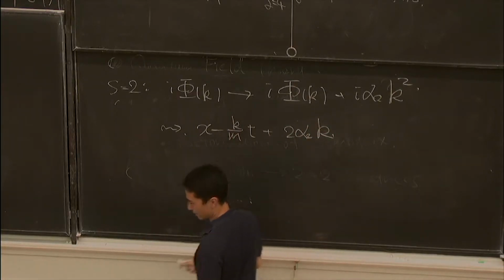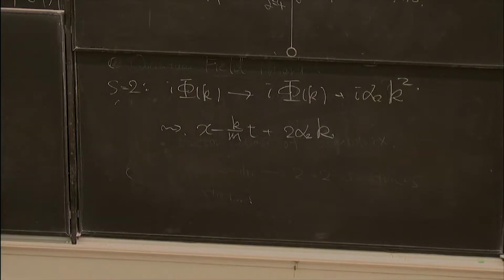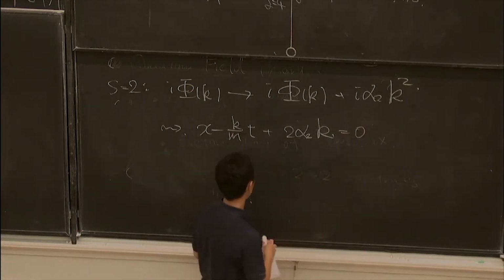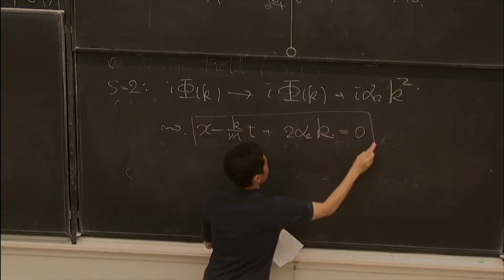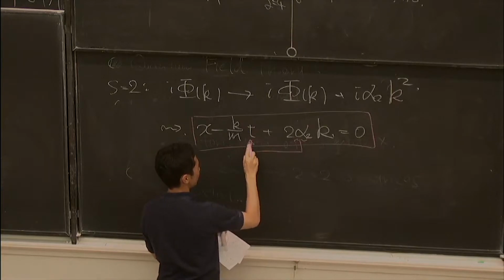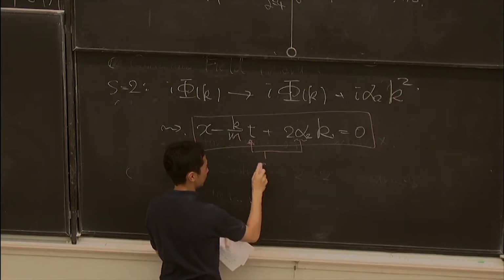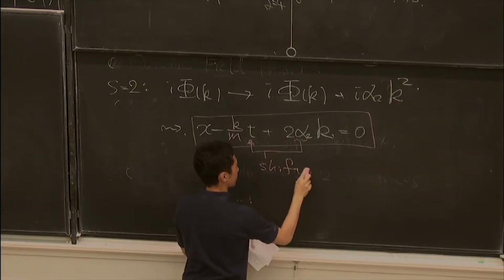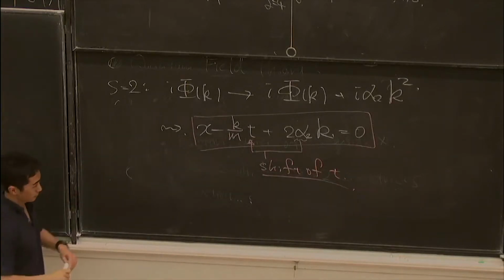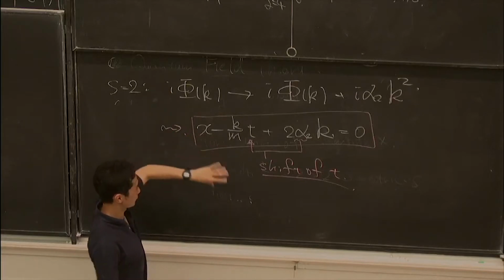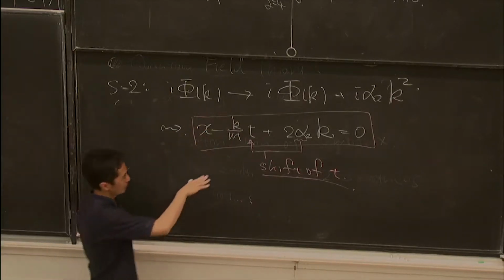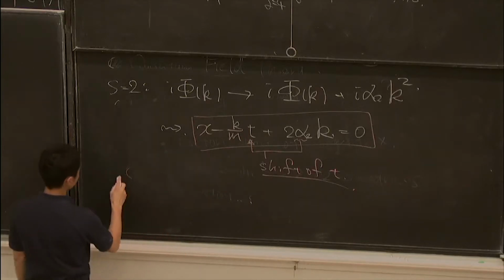And as you can see, this factor of alpha 2 you can absorb by a shift of t. And this is, of course, again what you expected, because what I did is to act the Hamiltonian operator, and the effect of the Hamiltonian should be just a shift of the time.